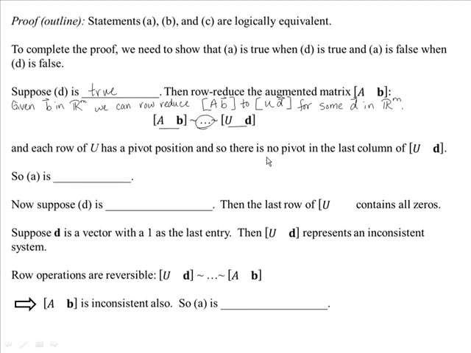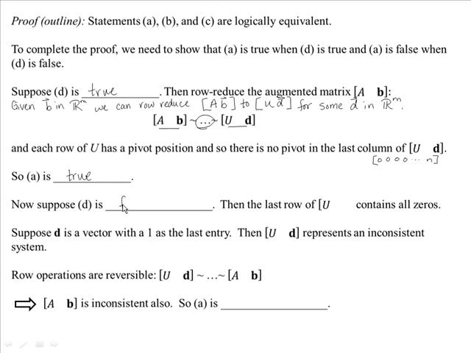So there is no pivot in the last column of my matrix [U d], meaning that I don't have a row of all zeros and then a non-zero number, so I don't have 0 equal to a number happening. Since there's no pivot in the last column, then A is true. I'll have a solution for my matrix equation Ax = b.